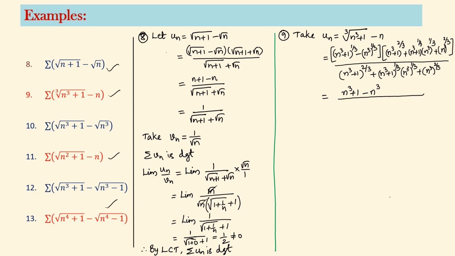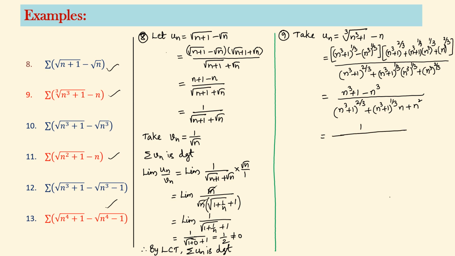The denominator will be the same: (n cube plus 1) power 2 by 3 plus (n cube plus 1) power 1 by 3 into n plus n power 3 by 3, the 3 gets cancelled, n power 2. So n cube gets cancelled, and in the numerator 1 is left.